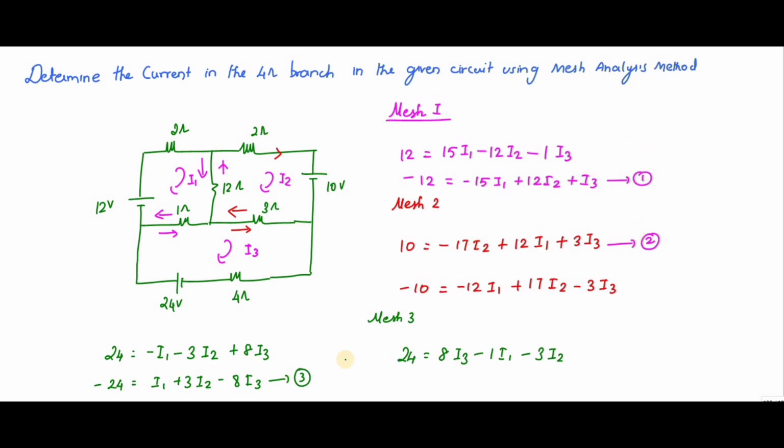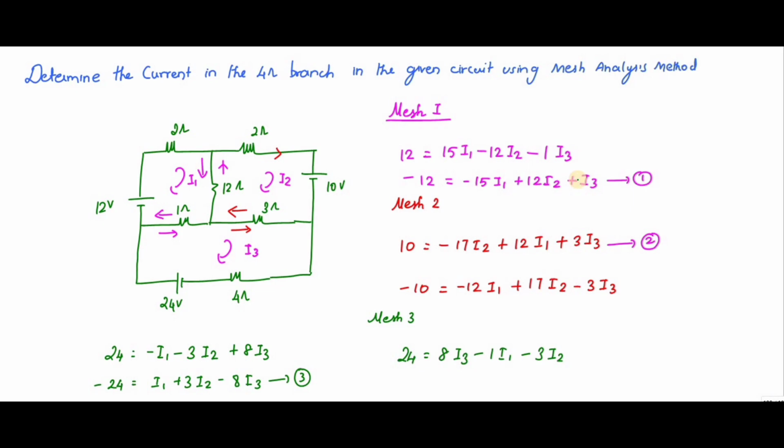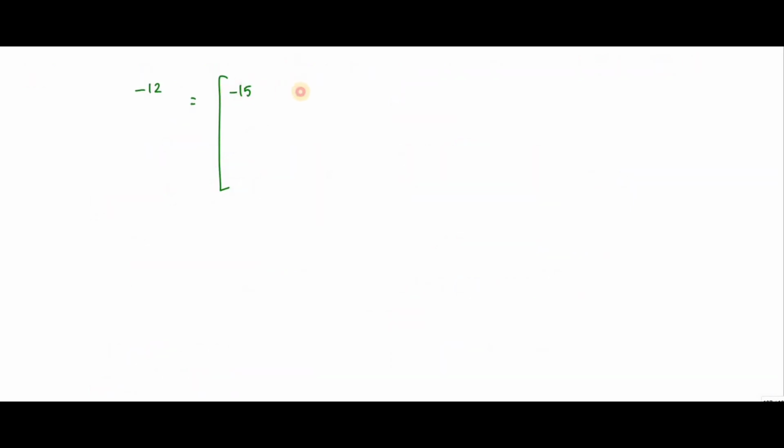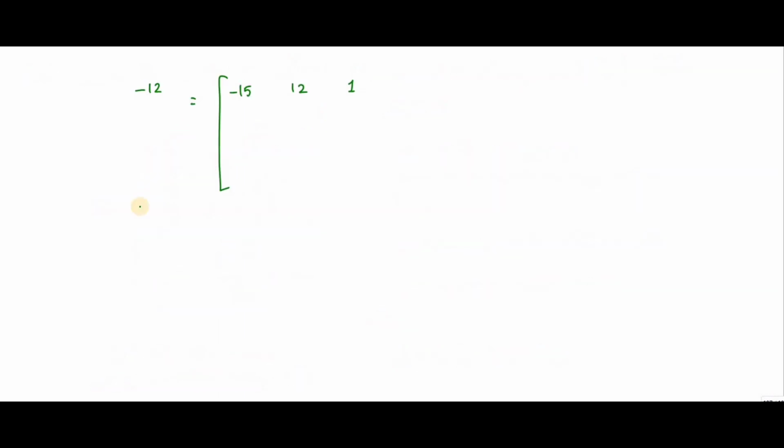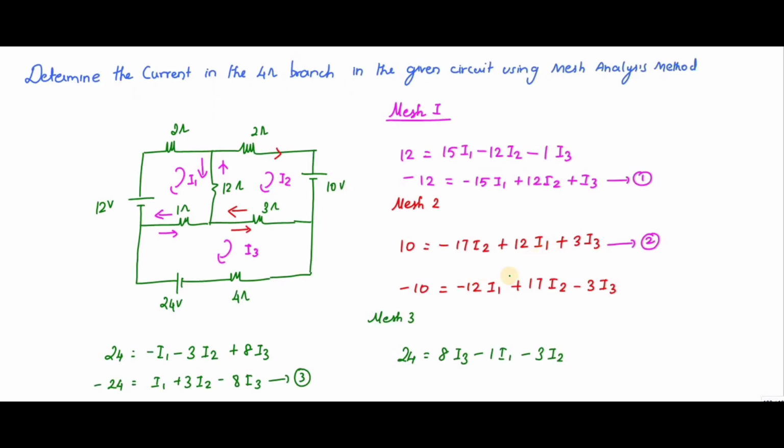So now I can take equations 1, 2 and 3 and write them in matrix form. First equation: minus 12 is equal to minus 15, 12 and 1. Second equation: minus 10 is equal to 12, minus 17 and 3.